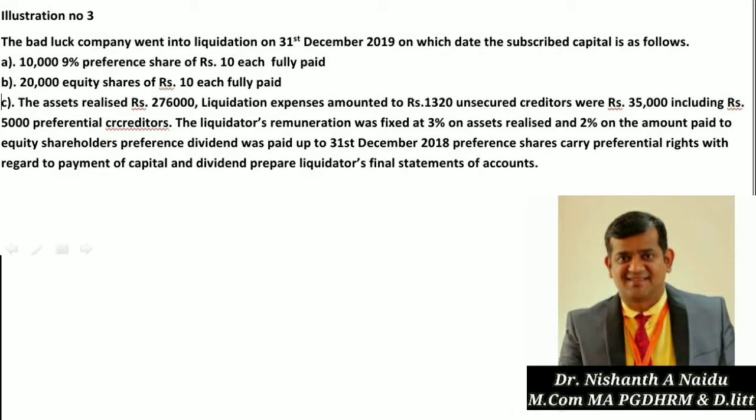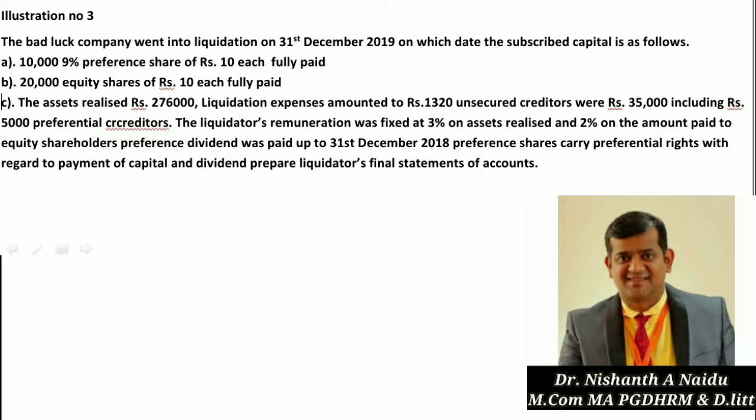The liquidators' remuneration is 3% on assets realized, so whatever the asset has been sold for, 3% on that. Then 2% on the amount paid to equity shareholders. The preference dividend was paid up to 31st December 2018, so till last year they have paid the preference dividend.